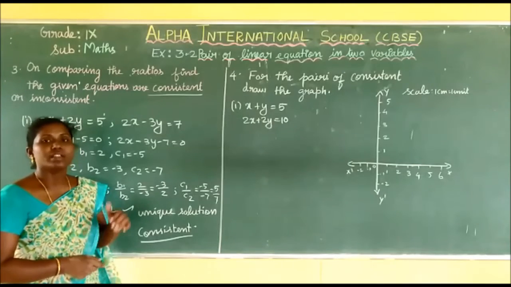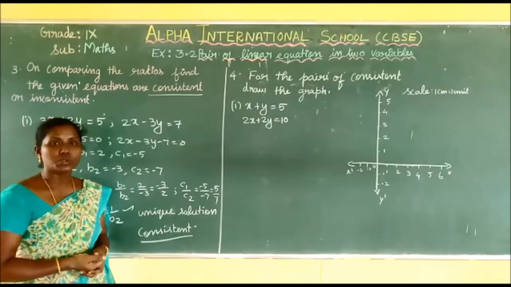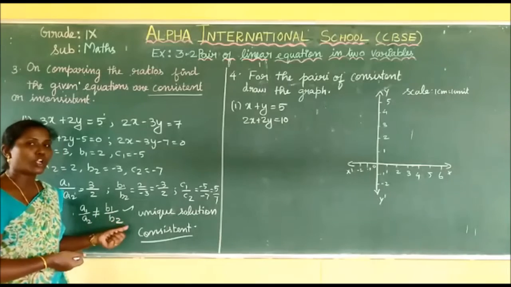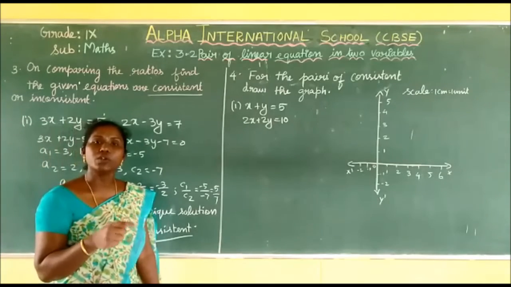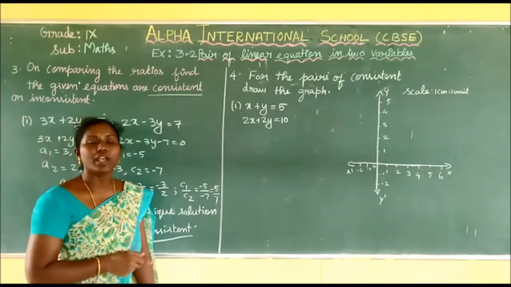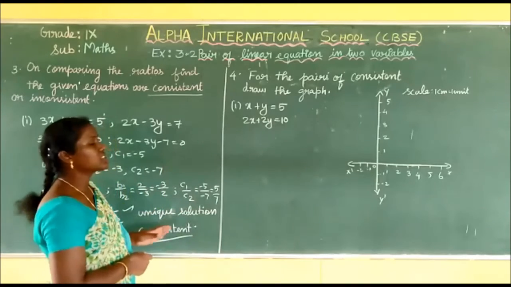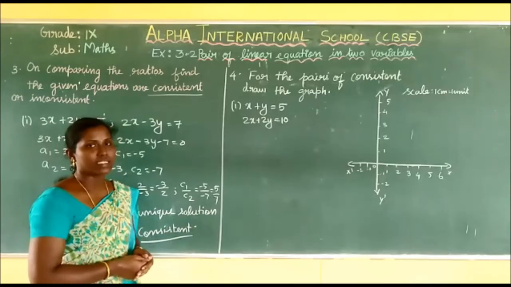Then also the equations are consistent. If A1 by A2 is equal to B1 by B2 but not equal to C1 by C2, in that condition only we get no solution, and that is what we write as inconsistent. So based on this, compare and analyze whether the given equations are consistent or inconsistent.